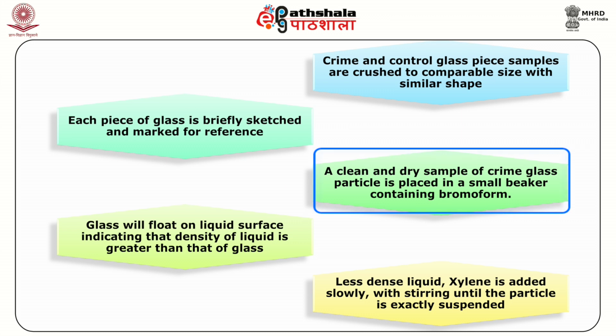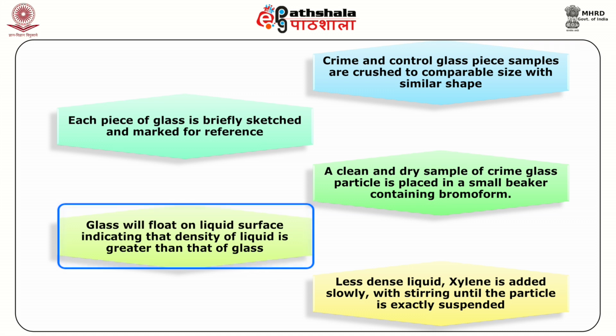A clean and dry sample of crime glass particle, which is again an important precaution, is placed in a small beaker containing bromoform. The glass will float on the liquid surface, indicating that the density of the liquid is greater than that of the glass.